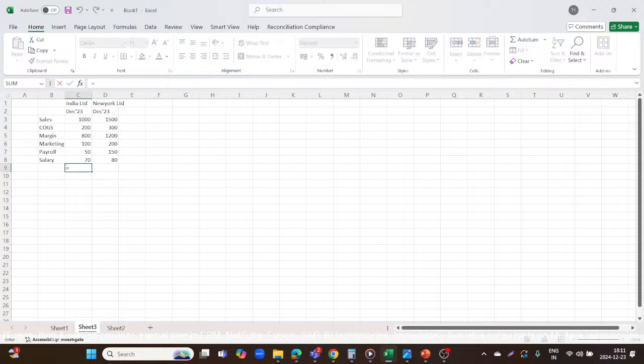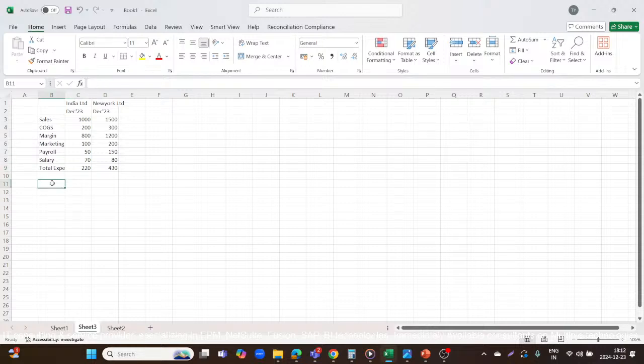So the total expense will be here 220 for India Limited, and 430 total expense for New York Limited.